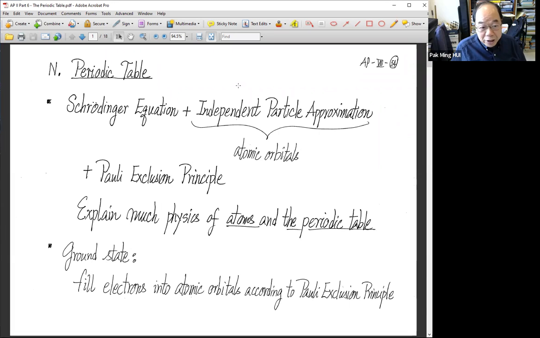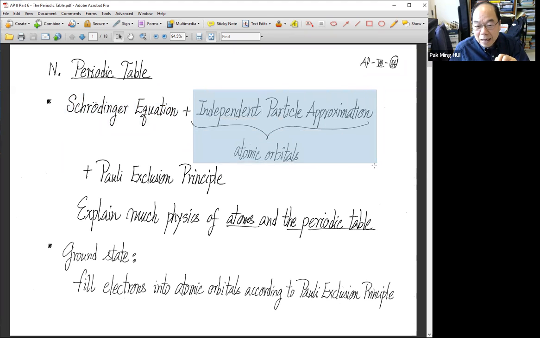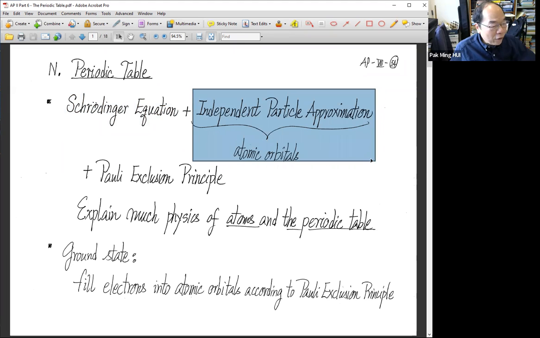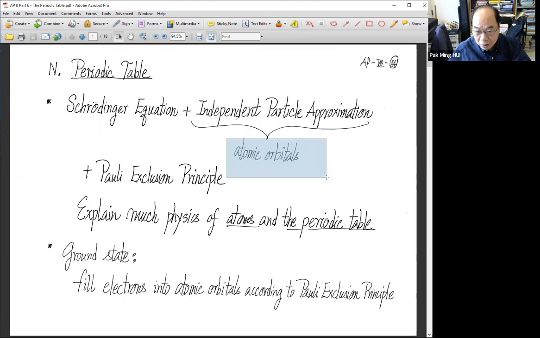So the main message is the Schrödinger equation. We know how to write down the n-electron atom Hamiltonian, no doubt about it. And we realize that we cannot solve any one of them, but we have discussed the philosophy of simplifying such many-electron problems into an independent particle approximation treatment, but in a rather involved way, for example, self-consistency, etc. At the end, this saves a lot of effort.